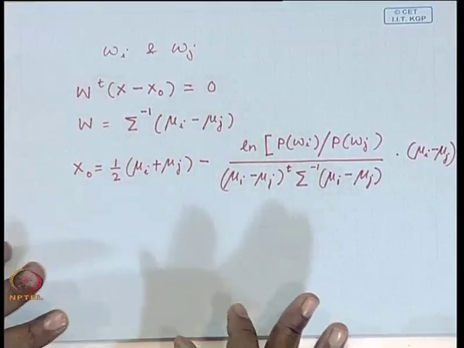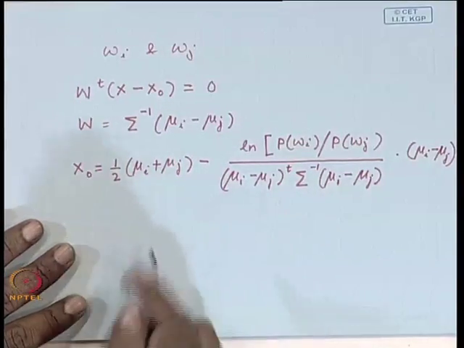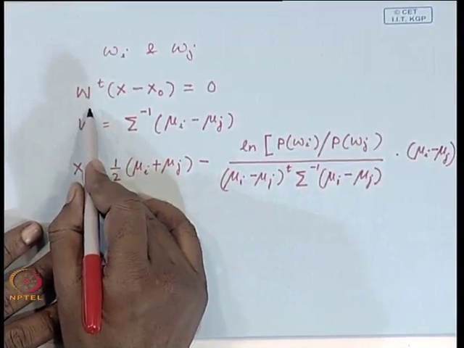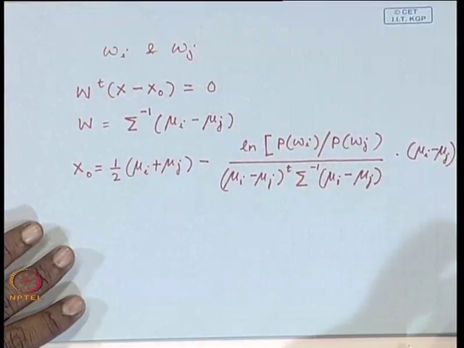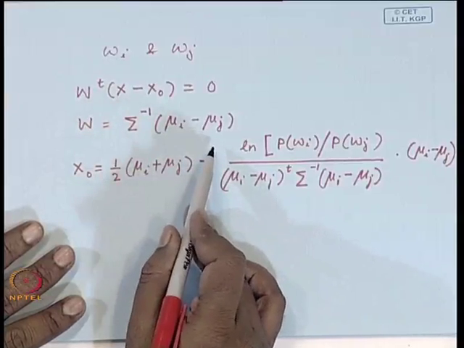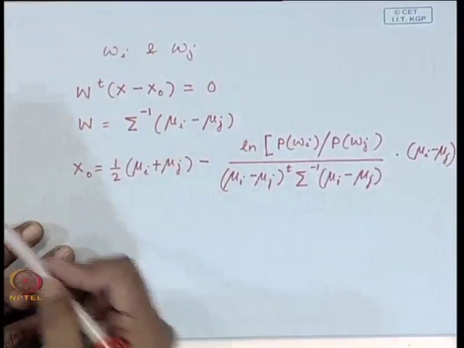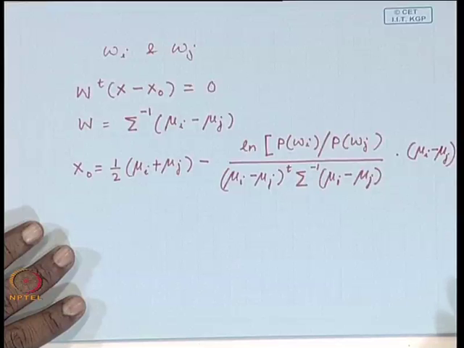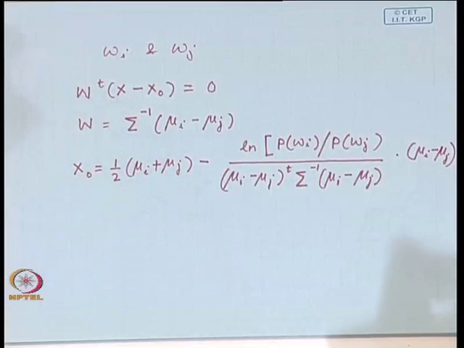So, the expression becomes more or less the same. I get a similar expression, w^T (x - x0) = 0, where w is nothing but Sigma^-1 (mu_i - mu_j). If you remember, in the earlier case our w was simply mu_i - mu_j, which is the vector from mu_j to mu_i.